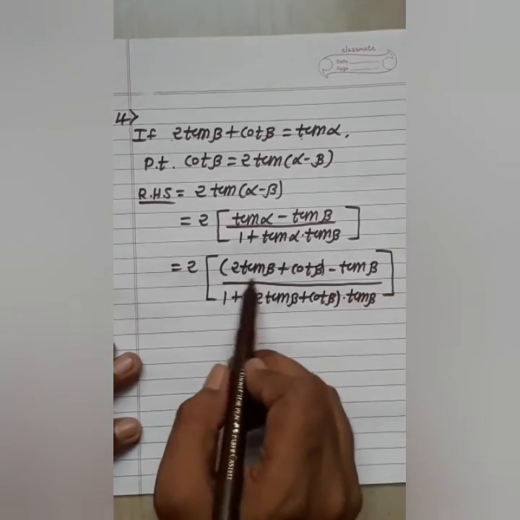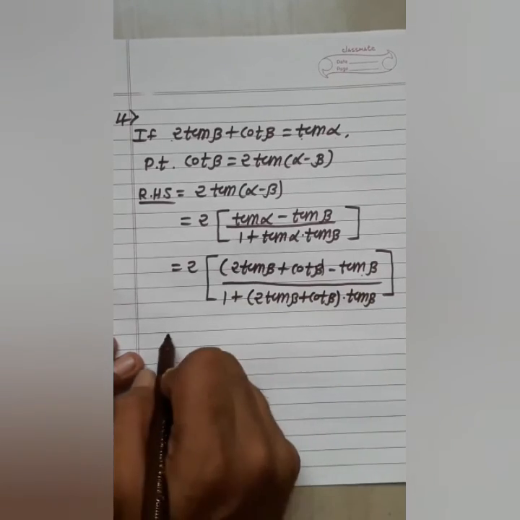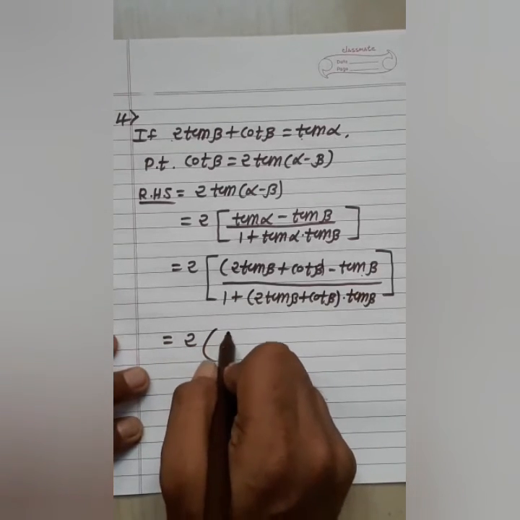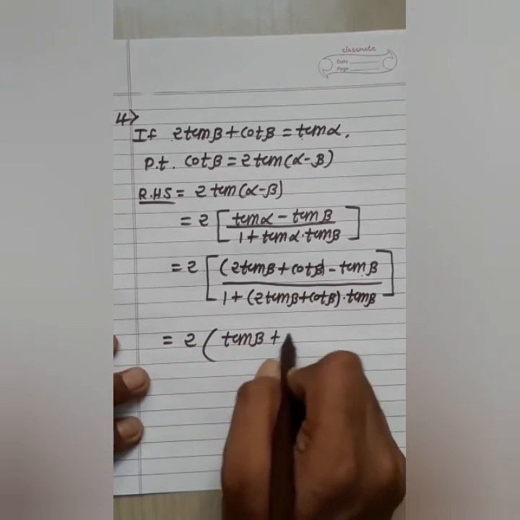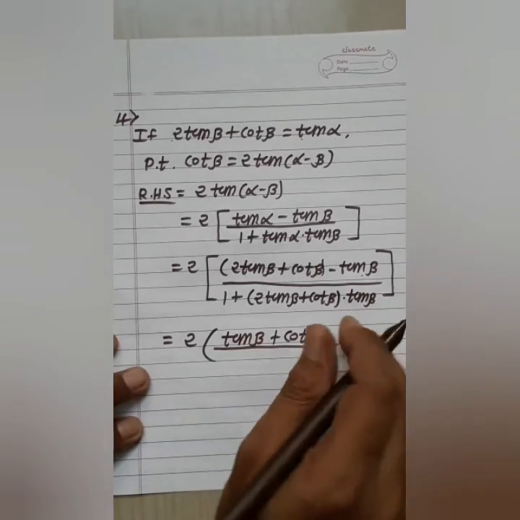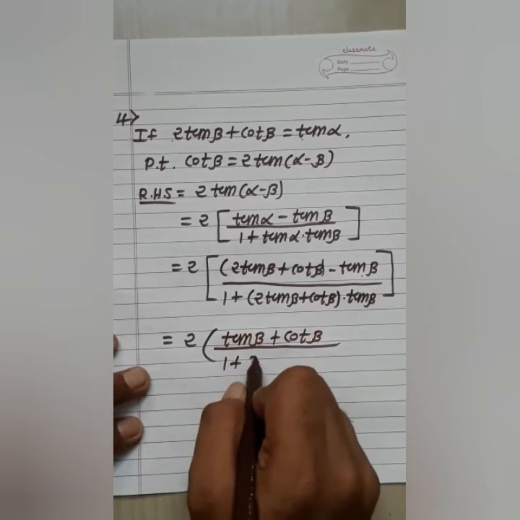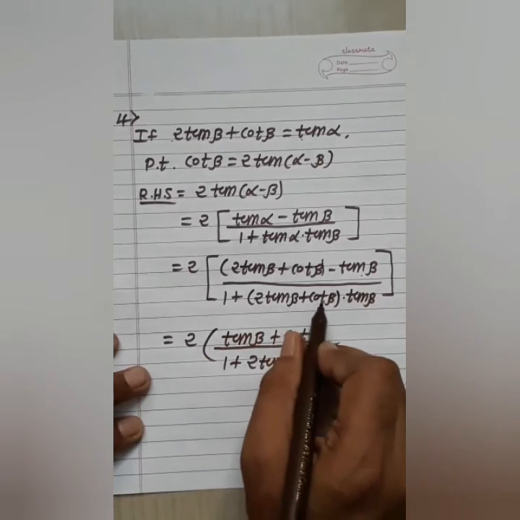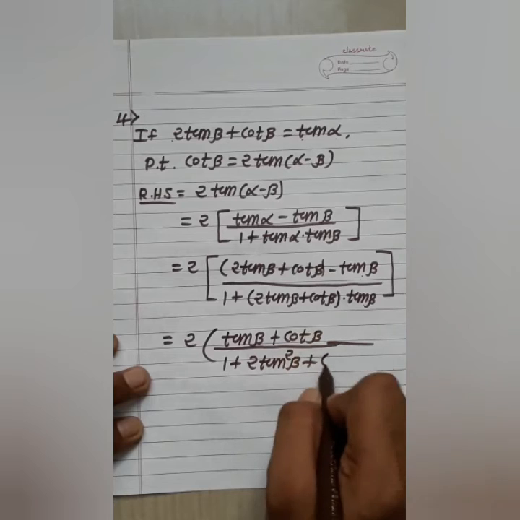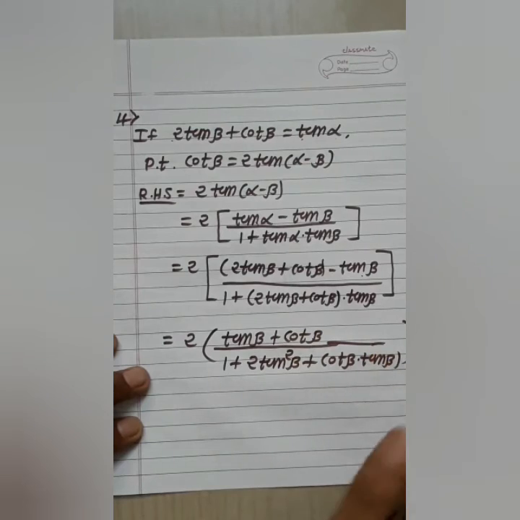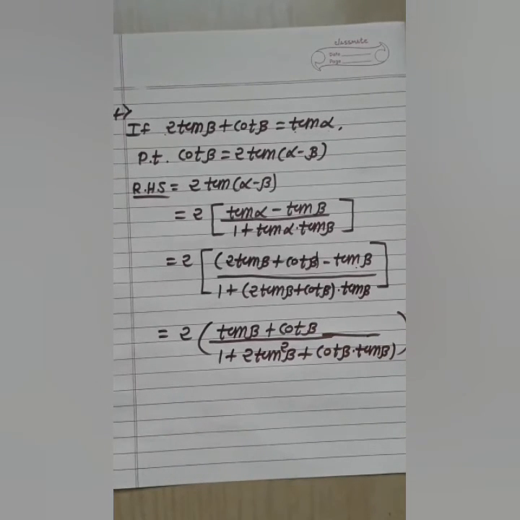Now 2 tan beta minus tan beta, that means we can write here tan beta. So 2 into bracket tan beta plus cot beta. In the denominator term here 1 plus 2 tan beta into tan beta, that means 2 tan square beta, and cot beta into tan beta. But we know the result tan beta into cot beta is 1.